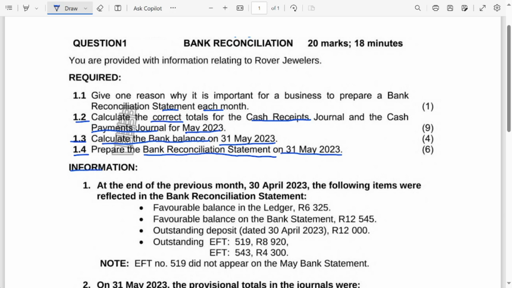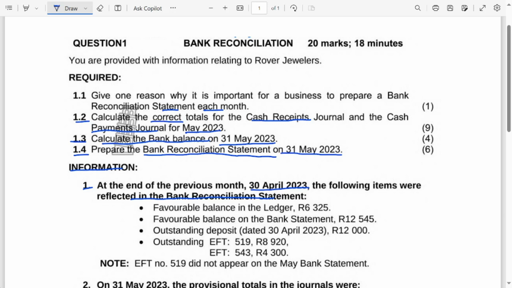Then information. Number 1, at the end of the previous month, on 30 April 2023, the following items were reflected in the previous bank reconciliation.